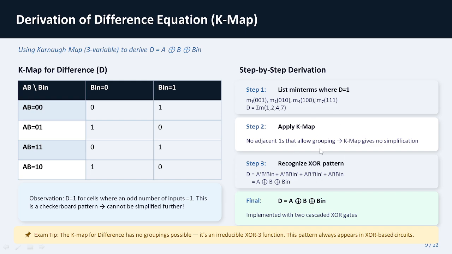If you apply a Karnaugh map, it searches for adjacent ones inside the K-map. If you don't have any adjacent ones, you can't group them, and if you can't group them inside the K-map, then there will be no simplification.